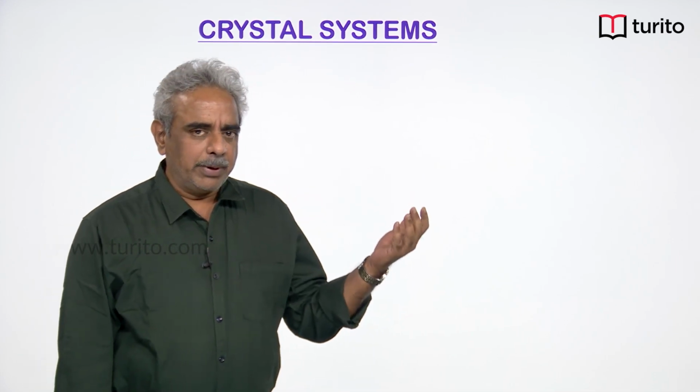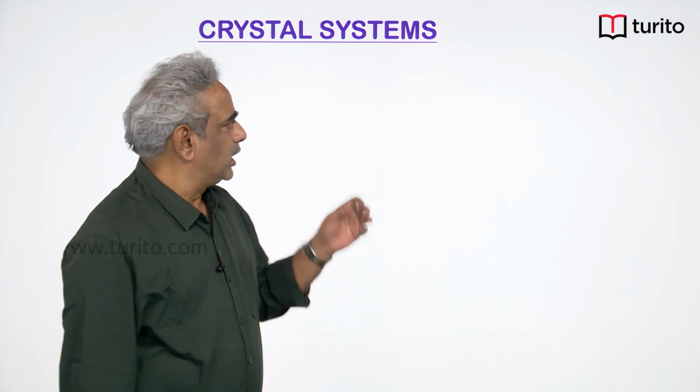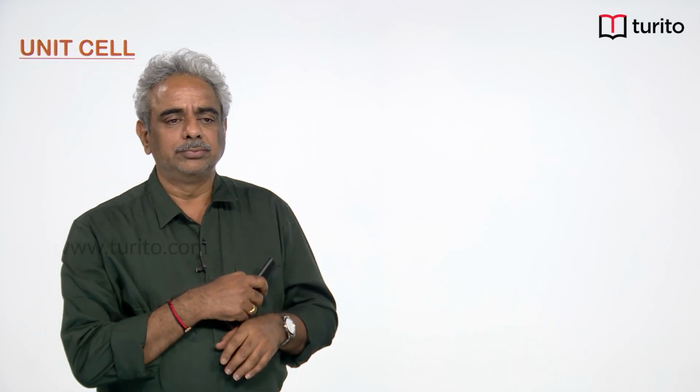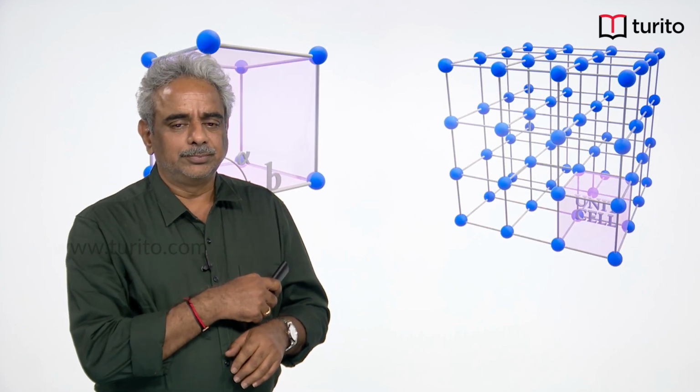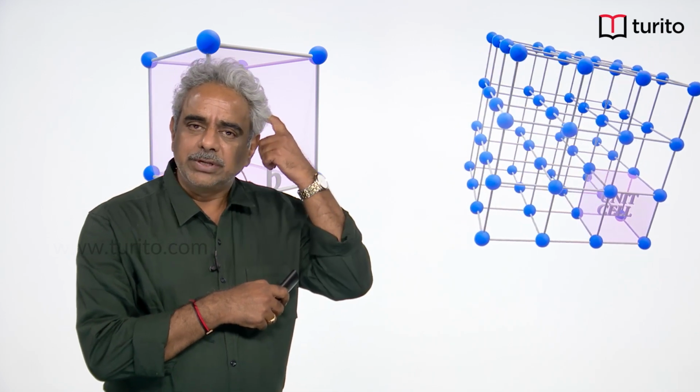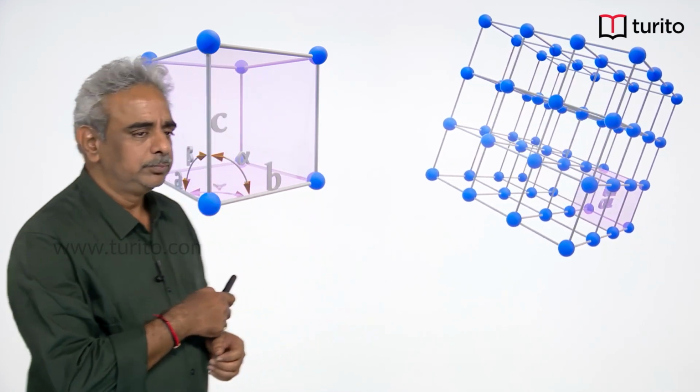So, in our previous class, we were thinking of crystal systems, and as you all remember, we have got a unit cell, that also we have seen in a lattice how it is distributed in 3-dimensional way.